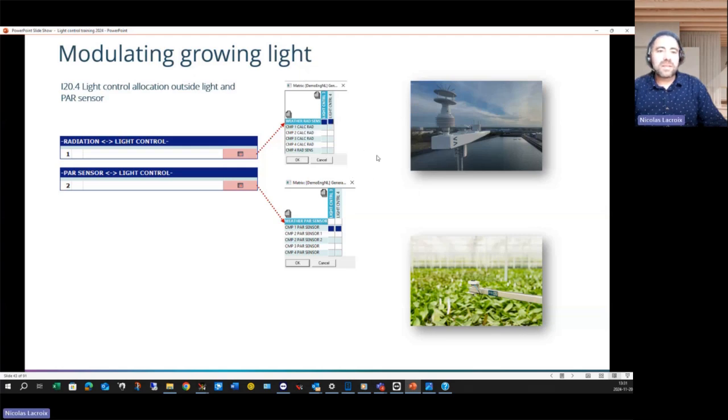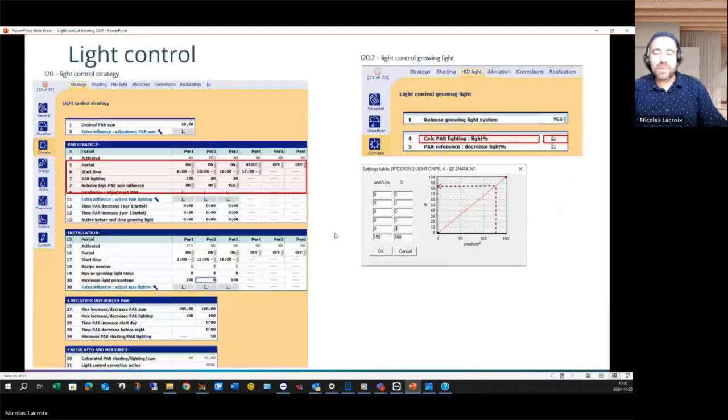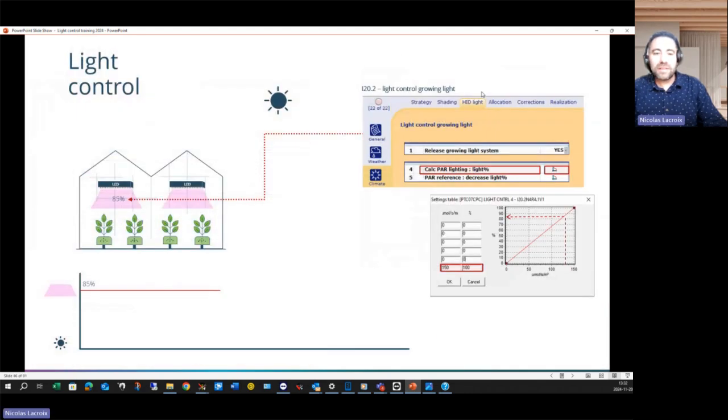Okay, so now if we still allocate both here, the only difference that I will make is I will set my use par correction for light percentage to yes here. So what will happen, I still have my table here on line 5, par reference decrease light. Still my output for the LED.